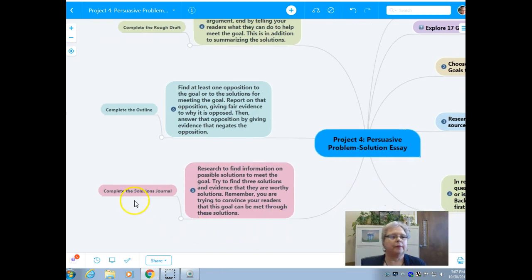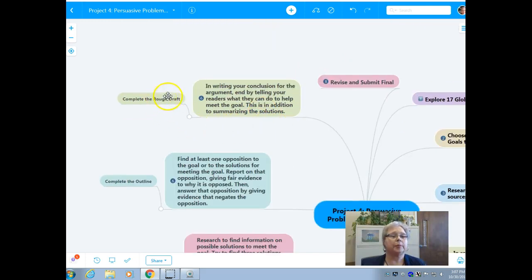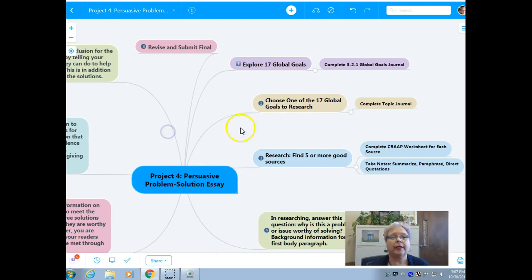We've been doing the solutions journal last week. And then this week, we're to this point where we're completing the outline. What's coming up is completing the rough draft, and then revising and submitting your final document. So you can sort of see what it is that we've already done.